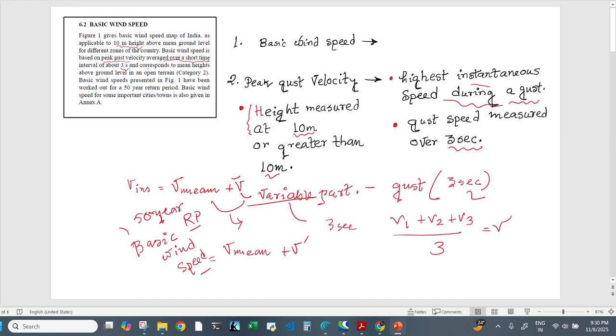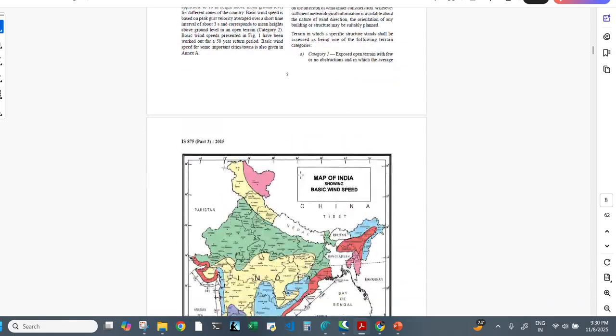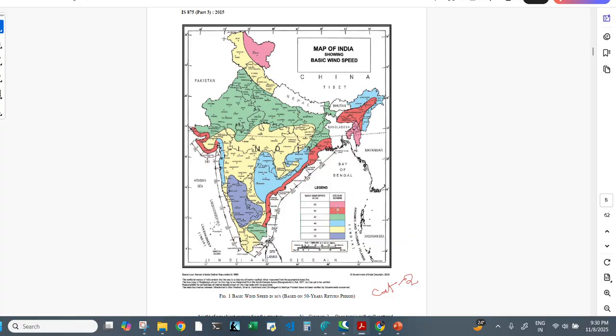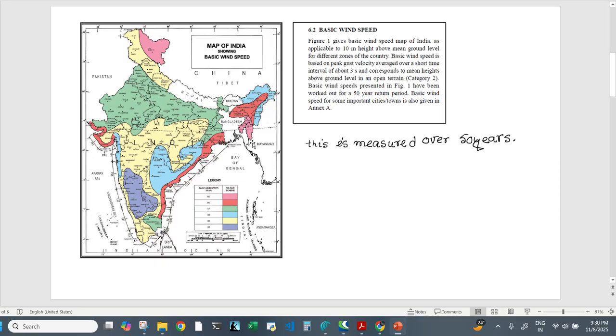In this diagram, it is clearly marked where the variation of basic wind speed occurs. Now come to the next topic.